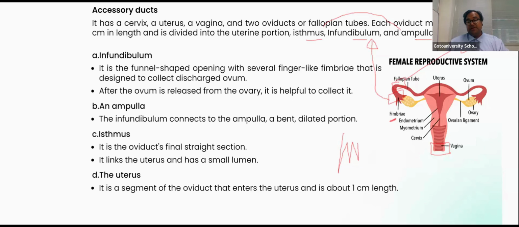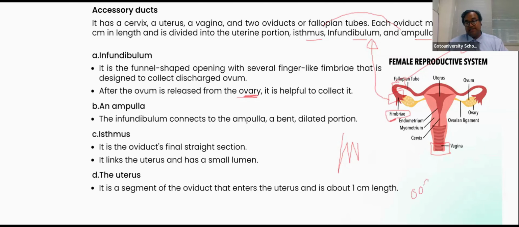This isthmus and ampulla are present next to the infundibulum. The infundibulum has a lot of extensions, which are nothing but fimbriae, right? So we need to understand the ovum is getting released from the ovary, in a process called oogenesis.